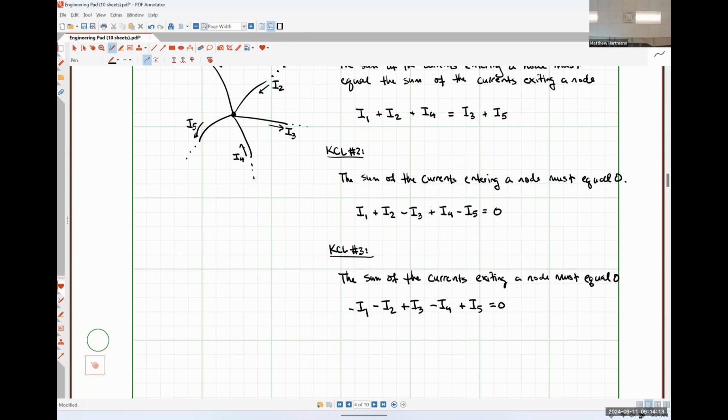So as we get acclimated with applying Kirchhoff's current law, realistically, we can use whichever version of it makes the most sense to us. But as we're working problems, I'm going to ask you guys effectively, which version do you want to use? And then we'll work the problem that way. When we get to a topic called nodal analysis, which will happen, I think, at the end of next week, we will use Kirchhoff's current law formulation number 3 exclusively.